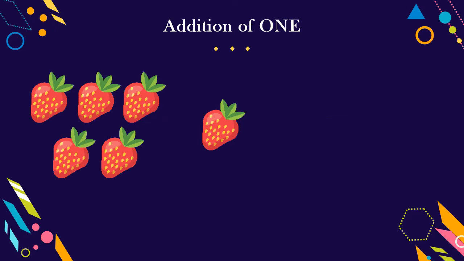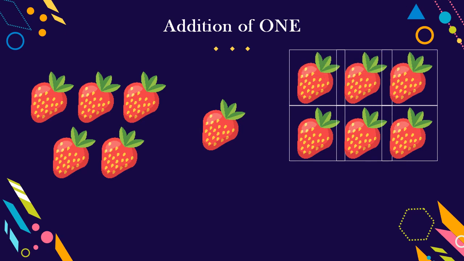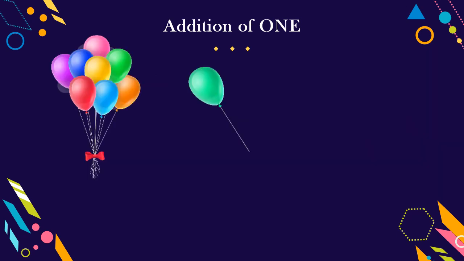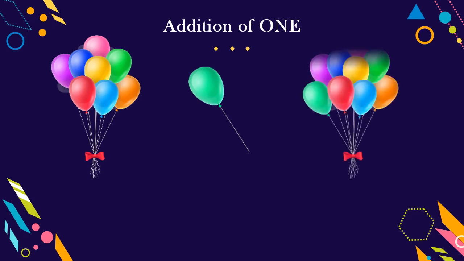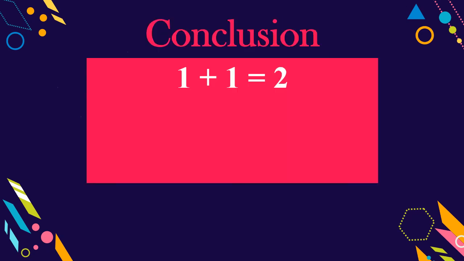Here you have 5 strawberries and one more strawberry. So you have 6 strawberries in all and you will write 5 plus 1 equals 6. In this example, 8 balloons and 1 balloon make a bunch of 9 balloons. So we will write 8 plus 1 equals 9.